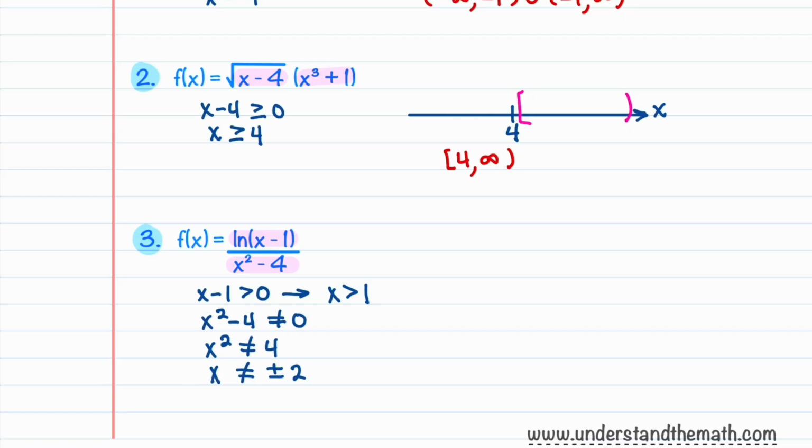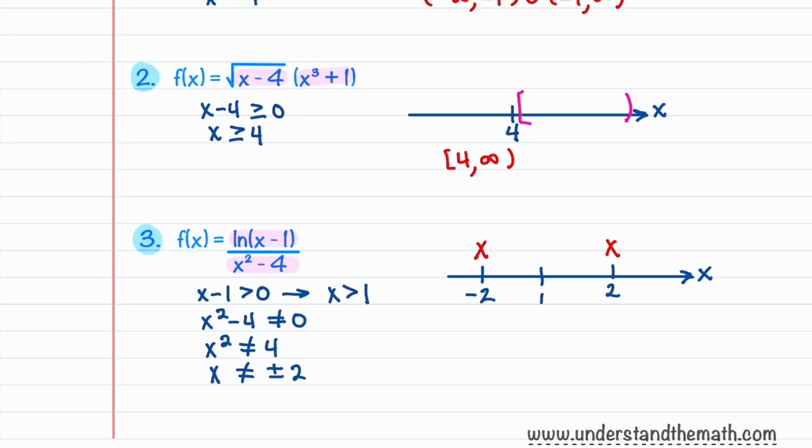Now let's go ahead and draw our number line. We're going to have more to put on this one. Let's put the point 1, and then we're going to put the points minus 2 and 2. Now let's see what's going on here. X cannot equal negative 2 or positive 2, and then x has to be greater than 1.